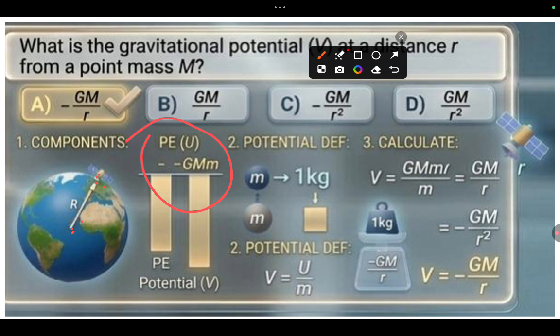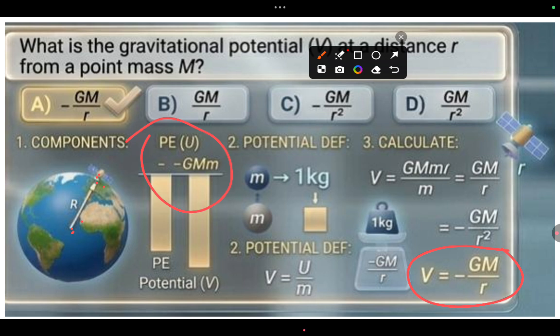So the potential formula is V equal to minus G M by r.